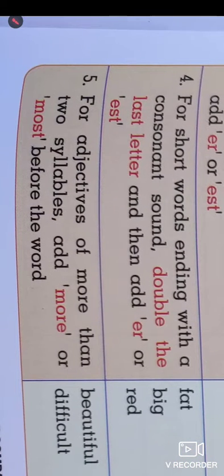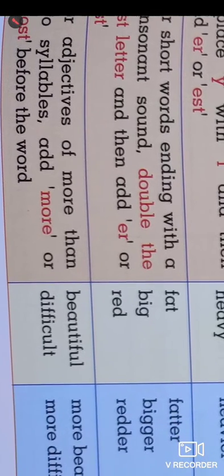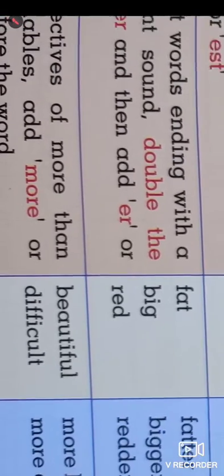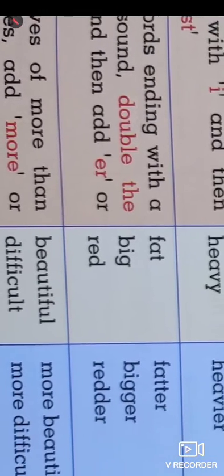The fourth one is for short words ending with a consonant sound: double the last letter and add er and est. So here the words end with a consonant, such as fat, big and red.